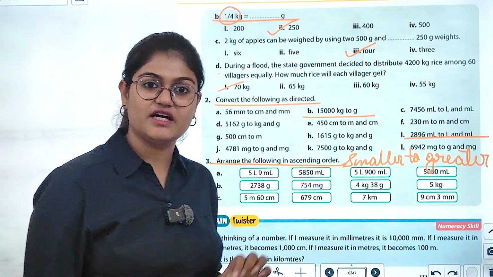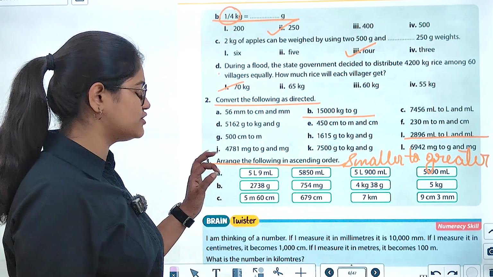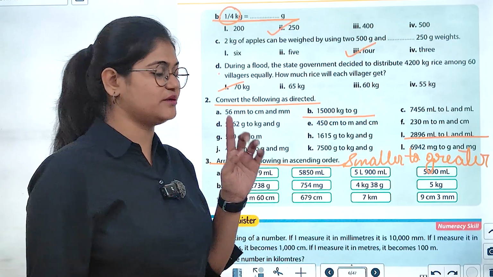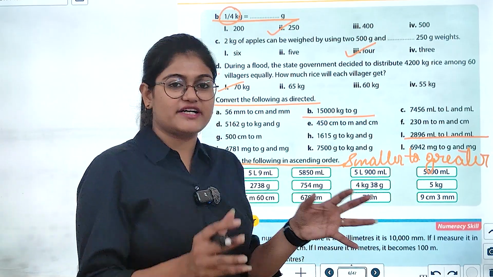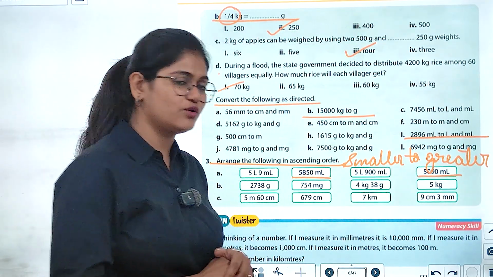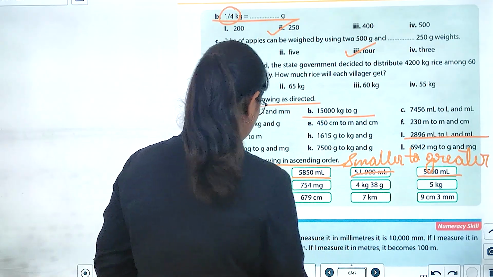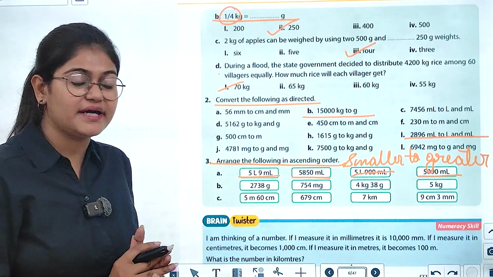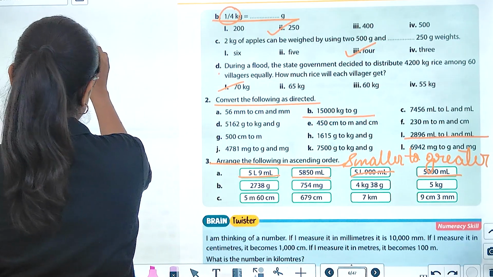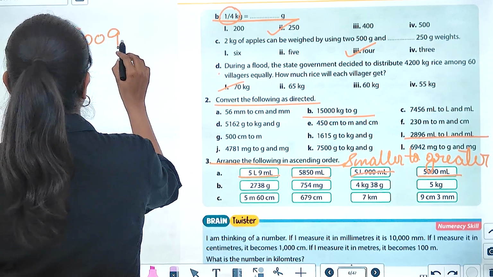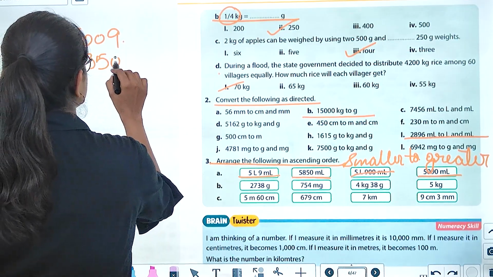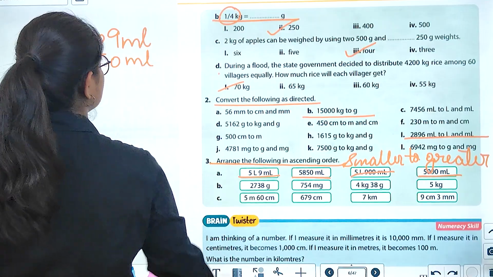Then it is 5,090 milliliters, right? So the simplest way to compare these units is to convert all of them into a single unit. Here there is a mixture of milliliters and liters. Some units are already given in mls, so why not convert the liter units into milliliters as well and then compare them, right? So let's see, 5 liters and 9 milliliters will become 5009 milliliters, right? Then it is 5850 milliliters, correct?